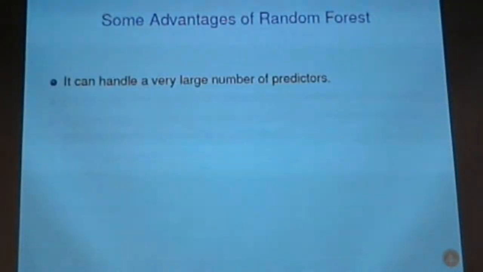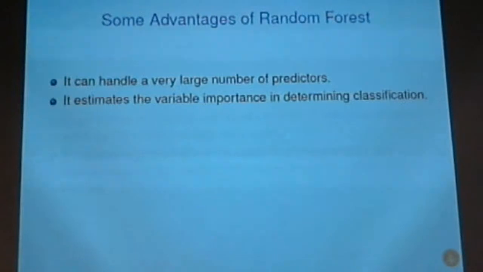Now here are some advantages of random forest. It can handle a very large number of predictors. Usually a lot of methods are not so good and become very noisy with a large number of predictors, but random forest can handle that.